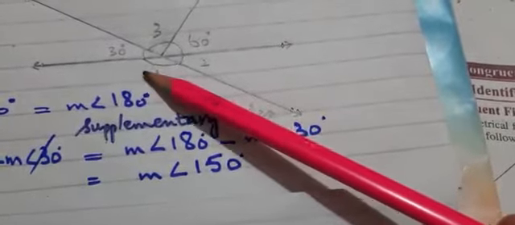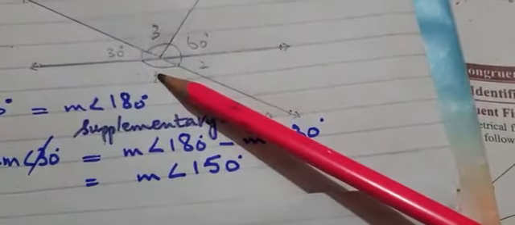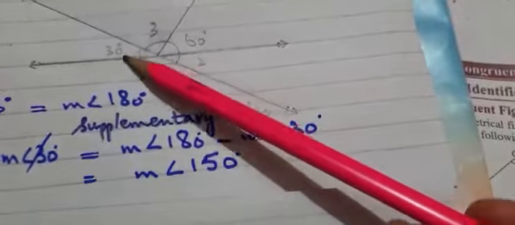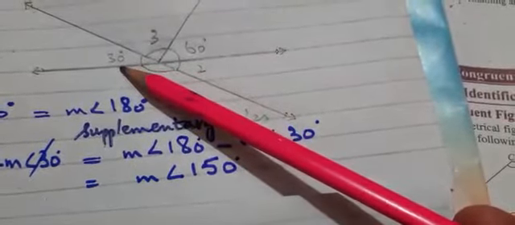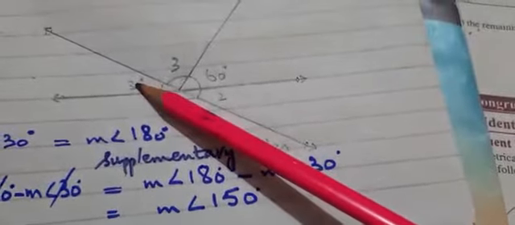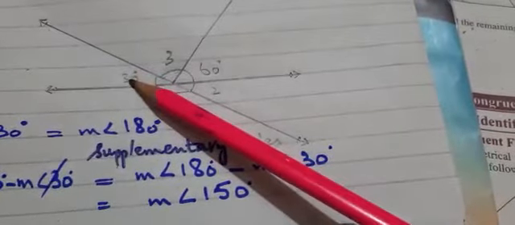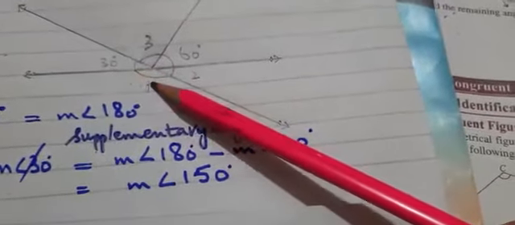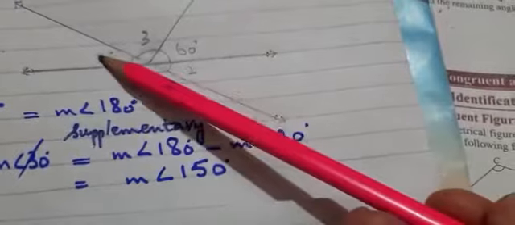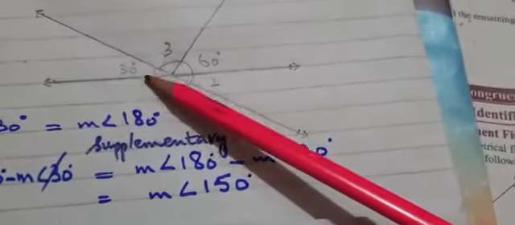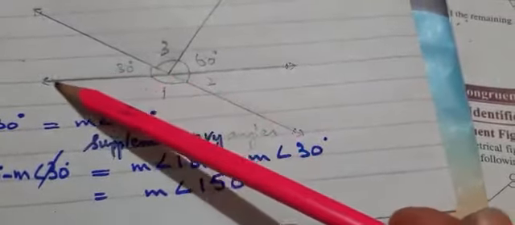So we will see that angle 1 shares its other arm with another angle, whose measurement is 30 degrees.